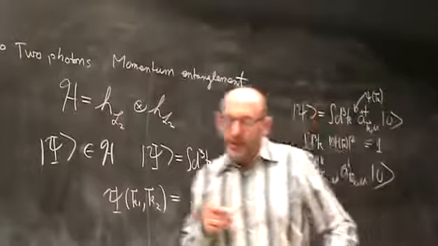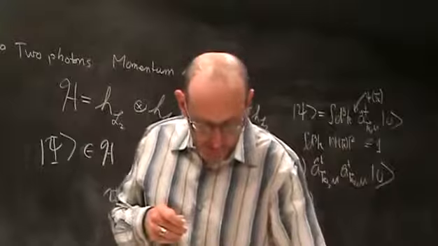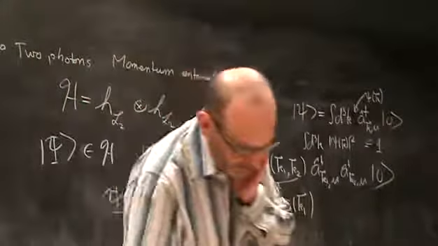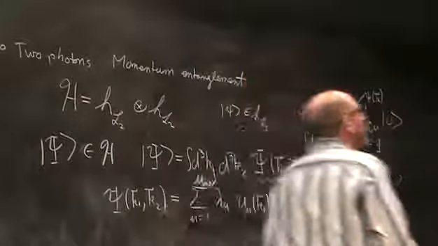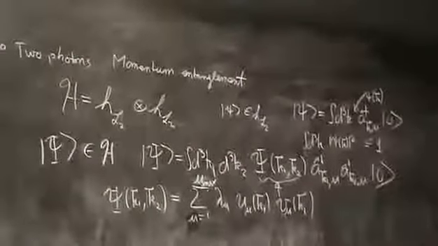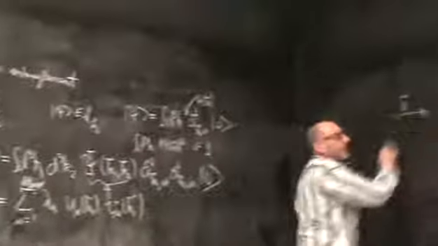Okay, so those are fairly straightforward things. But let's consider the following, which may be a little less straightforward. Let's suppose we did the following brain dead thing. I take a photon, it's in some incoming mode.